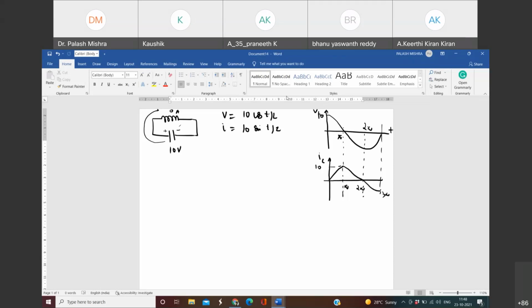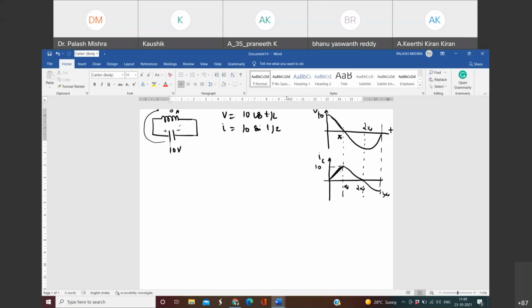So the inductor current kept on rising, something like here, and the capacitor voltage will go on dipping. The reason is it will discharge to charge the inductor. So the inductor is charging in the first cycle, I mean the first pi. The inductor gets charged and the capacitor gets totally discharged.